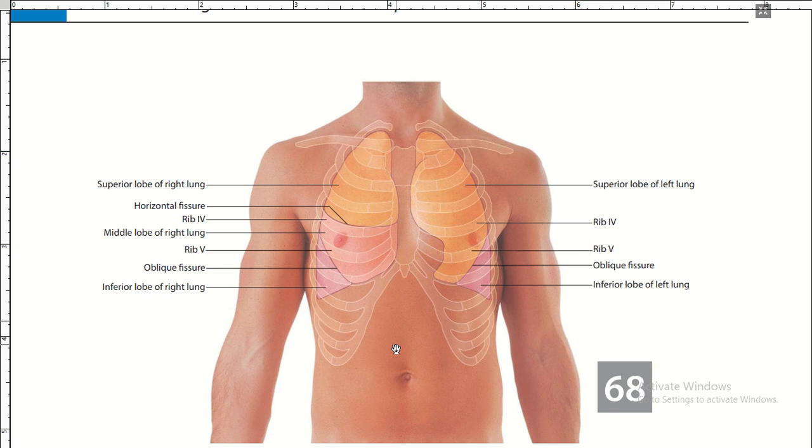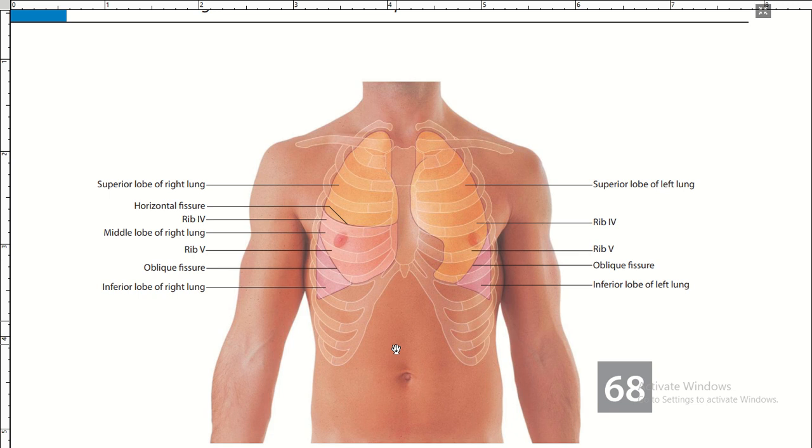Quiet inspiration is done when the first rib is fixed. Remember, the first rib on its anterior superior border is attached by the scalenus anterior and scalenus medius. These muscles fix the first rib to prevent the thoracic ribs from getting into the root of the neck.